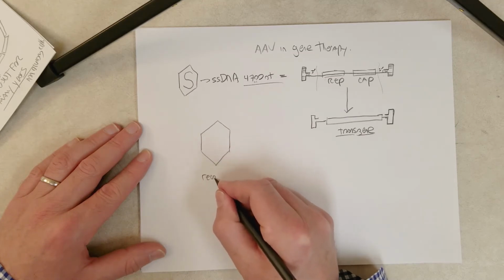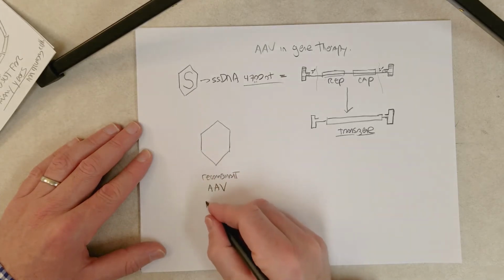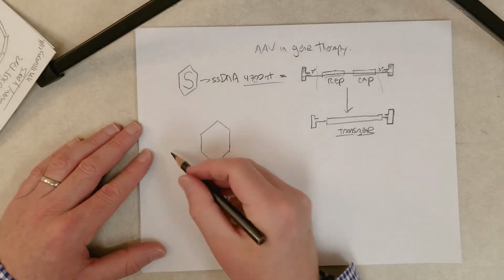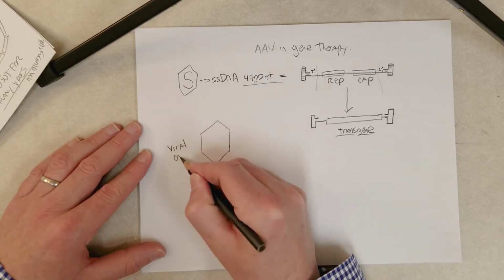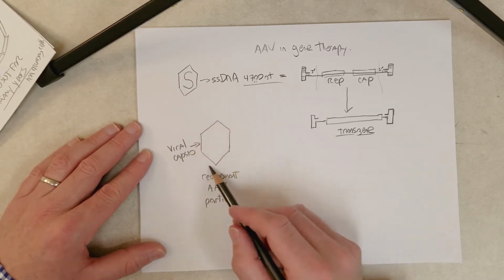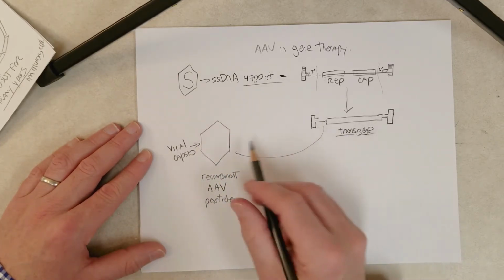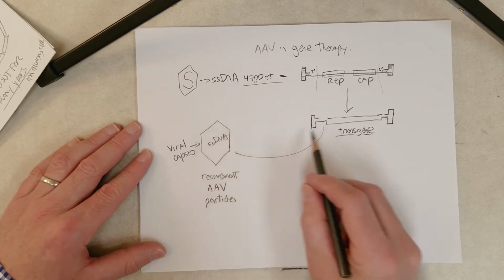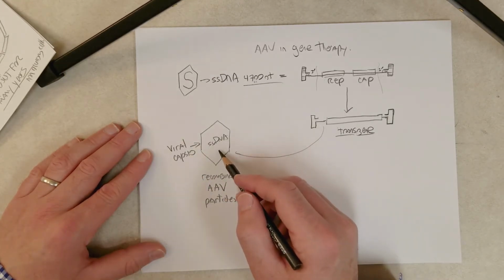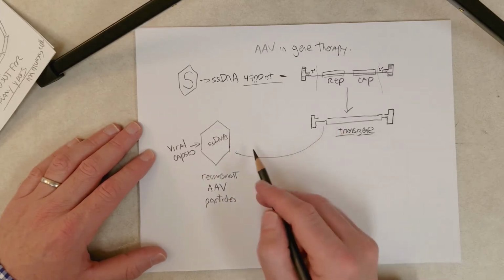So let's call these recombinant AAV particles containing the viral capsid, so the proteins that encase the genetic material, and the single-stranded DNA containing the ITRs and the transgene. So this will have everything that's needed to deliver that transgene into a cell, right?